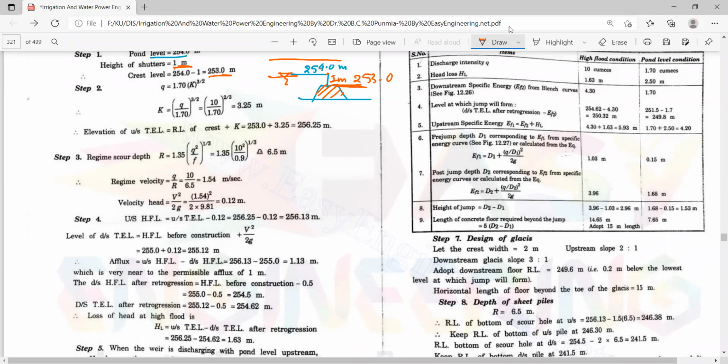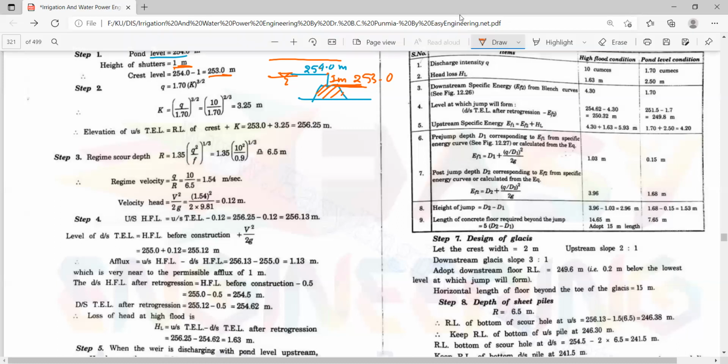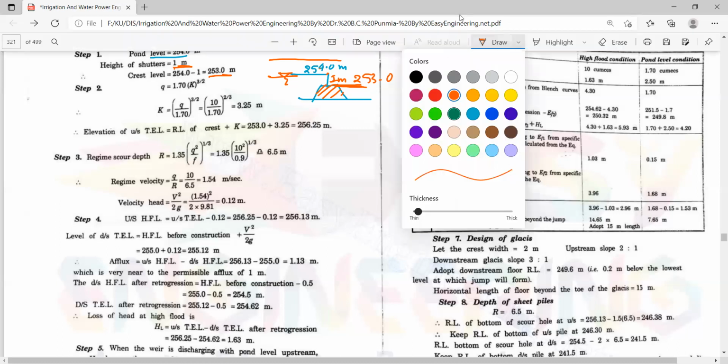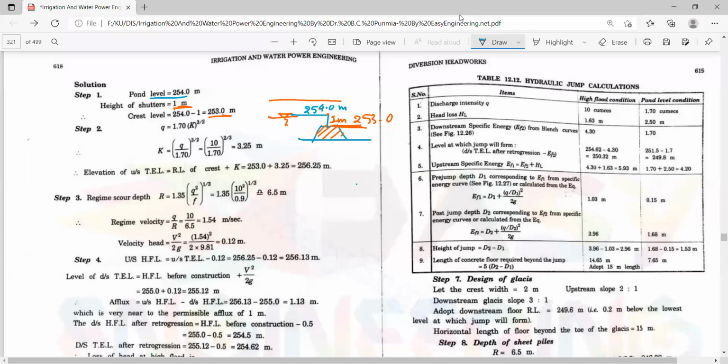So now I want to calculate the K. What is K? K is the distance between the total energy line, which is an imaginary line, and the crest level of the weir.